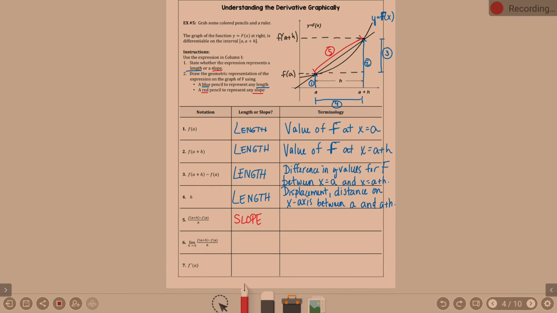And another word for that is AROC. Okay, this is AROC, the average rate of change of f. I didn't write slope of secant line, I just wrote secant line on mine, but I think slope of secant line would be better vocabulary.